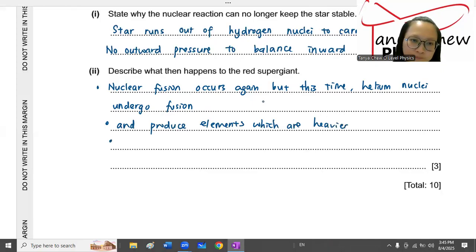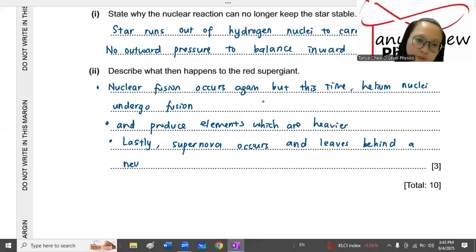And lastly, supernova occurs, which is a large explosion occur and leave behind a neutron star. So that red supergiant is now rest in peace, RIP.